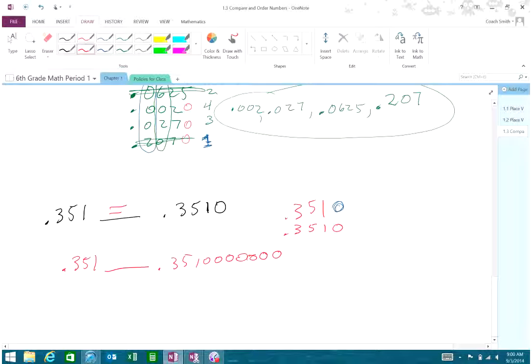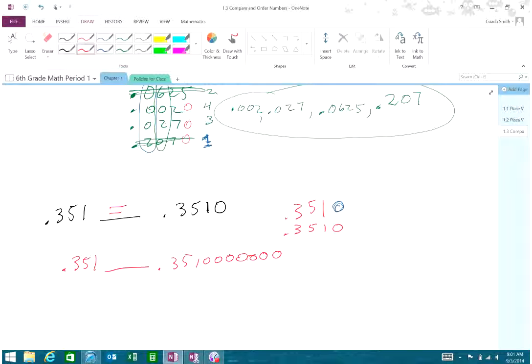Doesn't change the number. They're still the same, regardless. Once they have the same amount of digits, you can sort of take away the decimal, so I have 3,510 or 3,510. They're both the same.